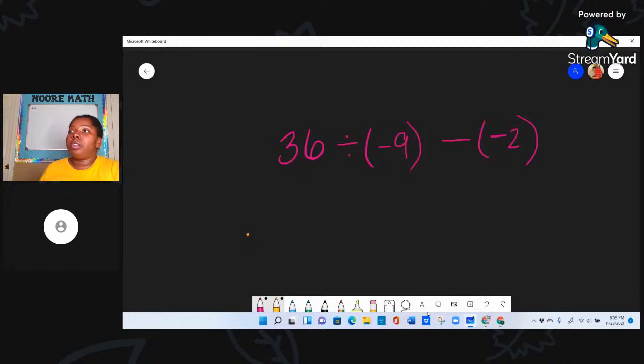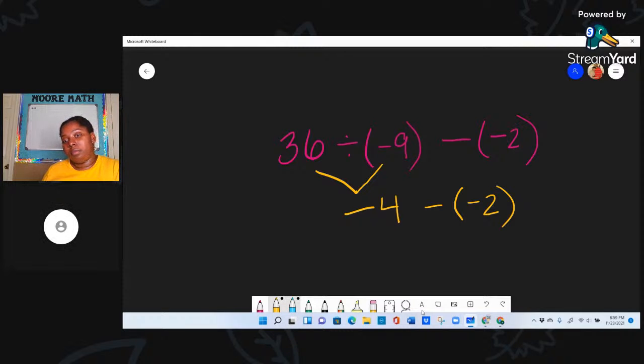Okay, so 36 divided by negative 9 minus negative 2. What are you going to do first? Divide. Good. Tell me what you get. Negative 4. Good. Now we have negative 4 minus negative 2. What are you going to do?